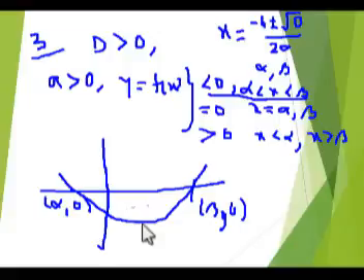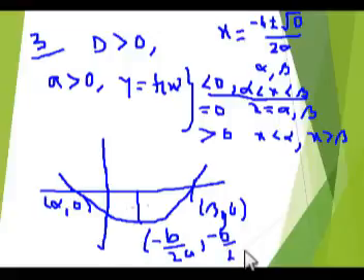The focus point will be here, the axis is parallel to the y-axis, and it will be minus b by 2a, minus d by 2a. So in this case, this will be our required graph.